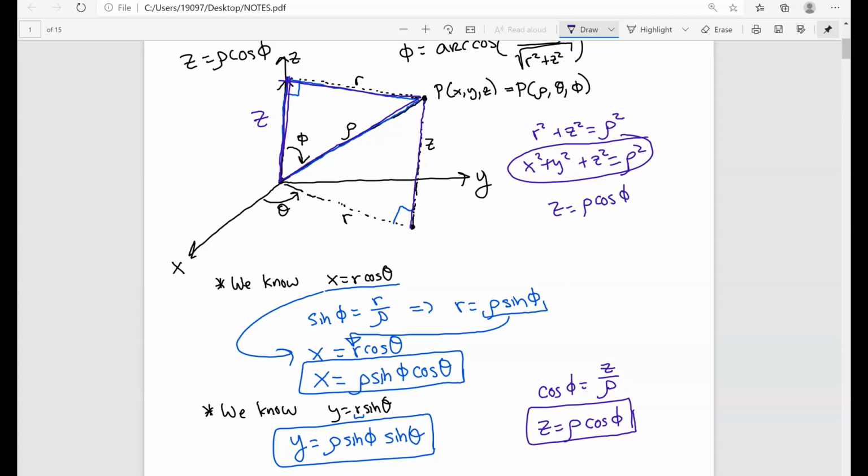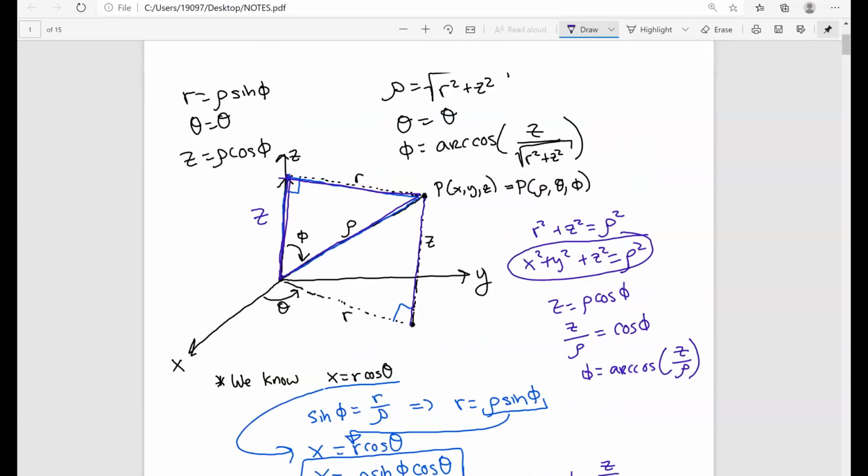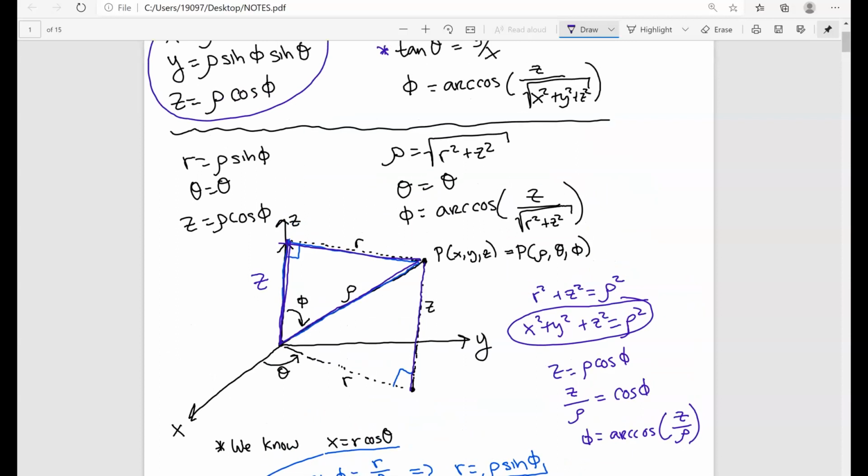If I want to know what phi is, I can divide by rho to the other side, so I get z over rho equals cosine phi. Now I'm going to take the arc cosine, so phi is equal to arc cosine of z over rho. So that's how you get that one.